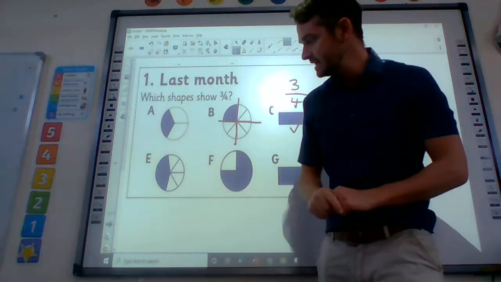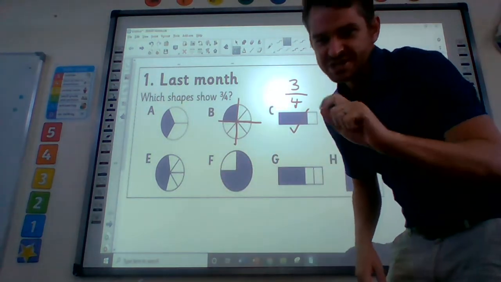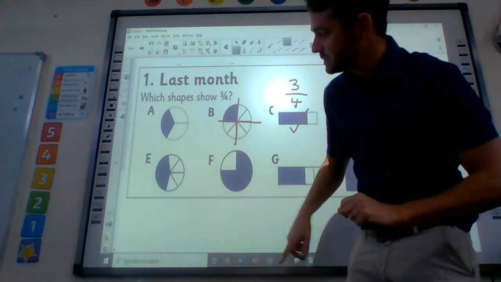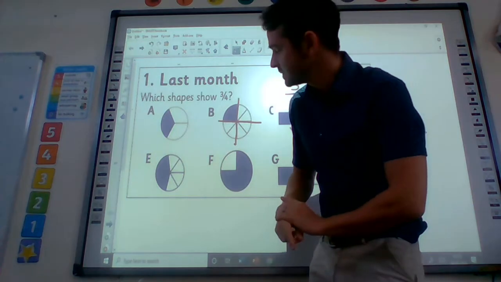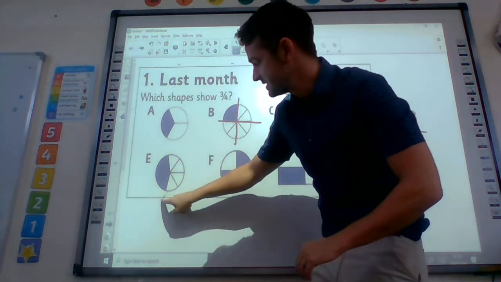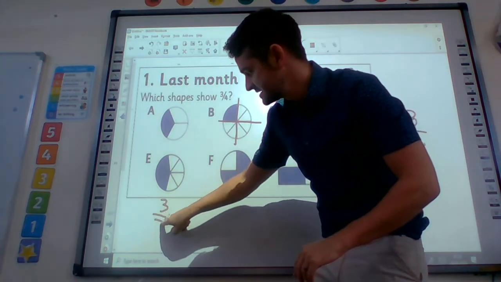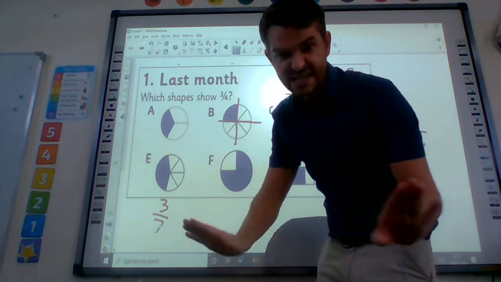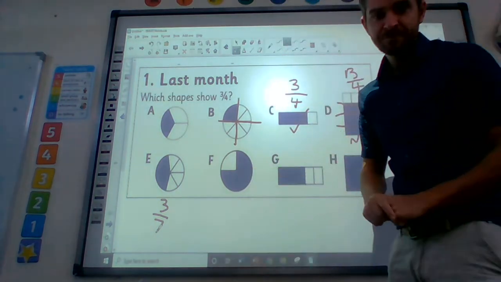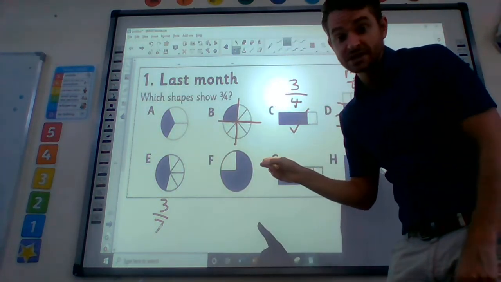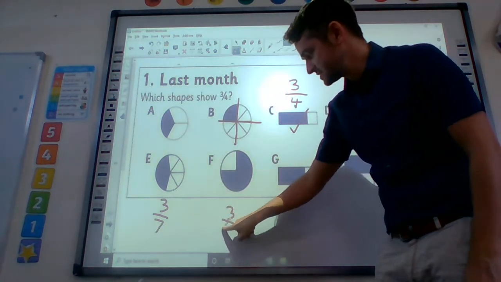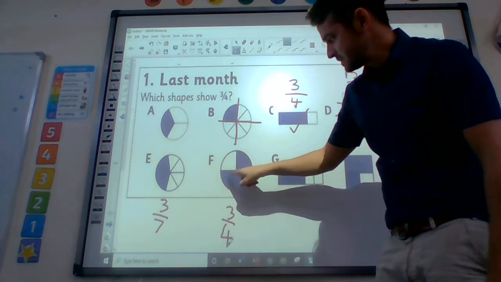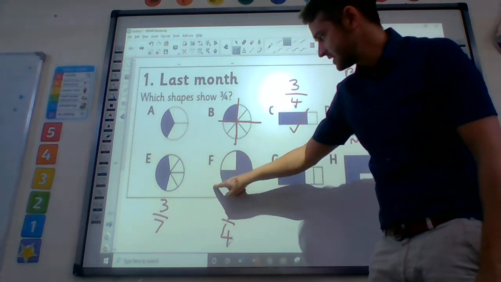Okay, looking at E. Now I put E in here just to confuse some people. 3 parts coloured in, 4 parts not coloured in, but it's not 3/4. This is actually 3/7. So not E. F. Now hopefully F, you could look at it straight away and think, I know that shows 3/4, because it does. 3 parts coloured in, 4 parts altogether.